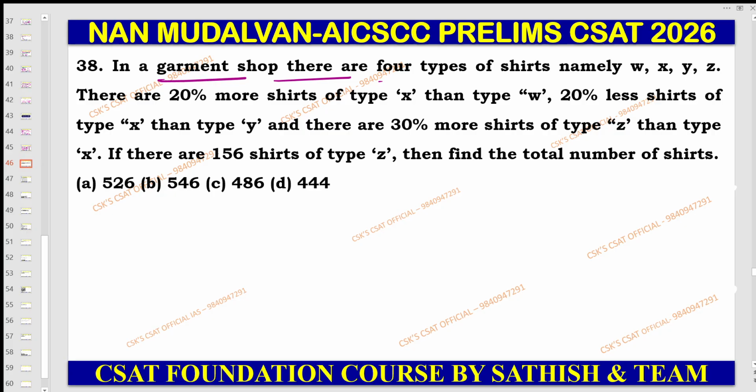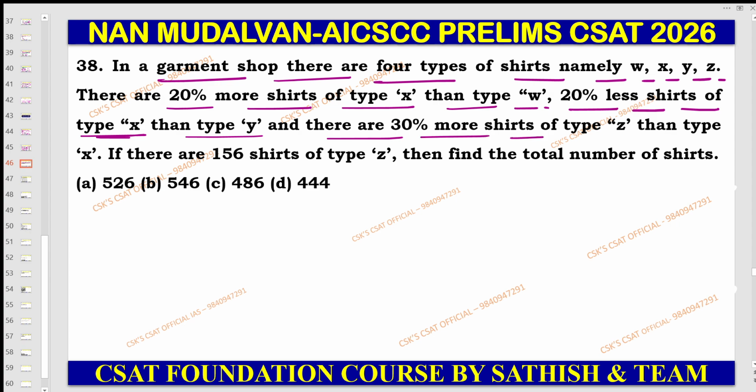In a garment shop, there are 4 types of shirt, namely W, X, Y, Z. There are 20% more shirts of type X than type W. Next, 20% less shirts of type X than Y. There are 30% more shirts of Z than the X type. If there are 156 shirts of type Z, find the total number of shirts.